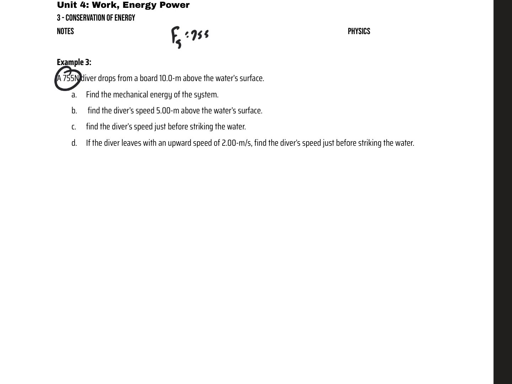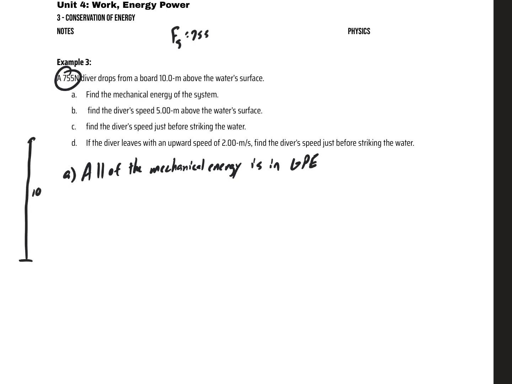For part A, all of the mechanical energy is in the gravitational potential energy. Here's my diagram real quick. That's 10 meters, person sitting at the top, and then he's going to be going down with a certain speed at different points in the path.